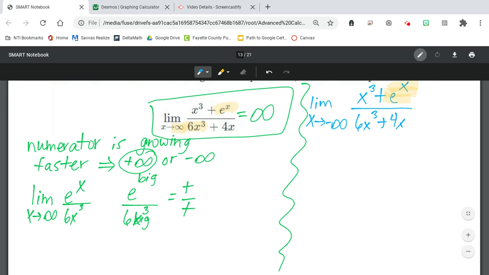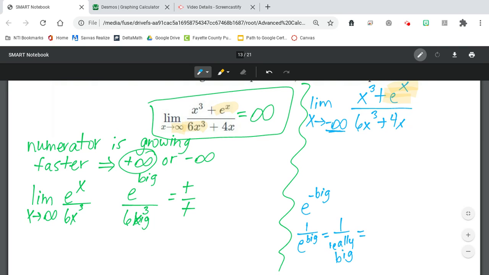But think about this. e to the x, substituting in values towards negative infinity, would be e to the negative really big number. Because that's a negative exponent, that's the same as 1 over e to a really big number. And 1 divided by e to a big number is 1 over a really big number.